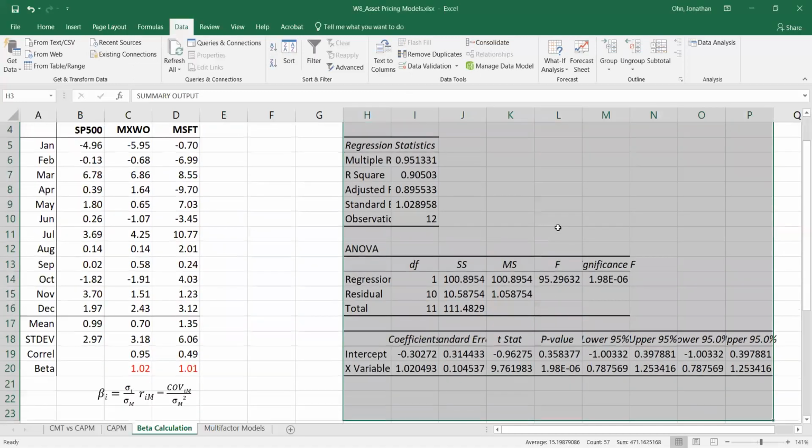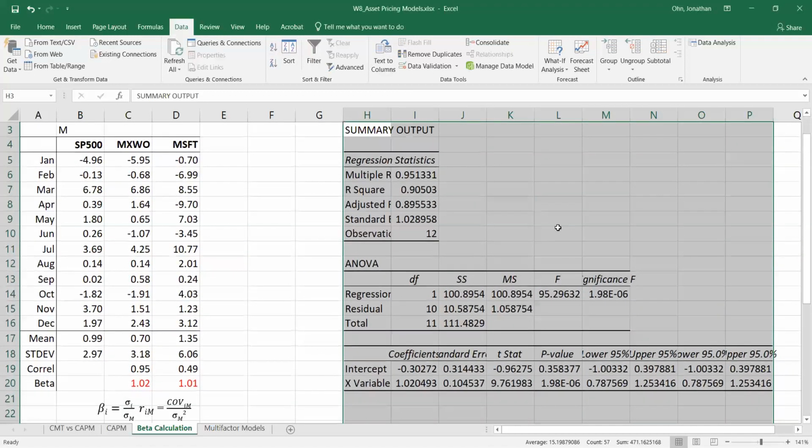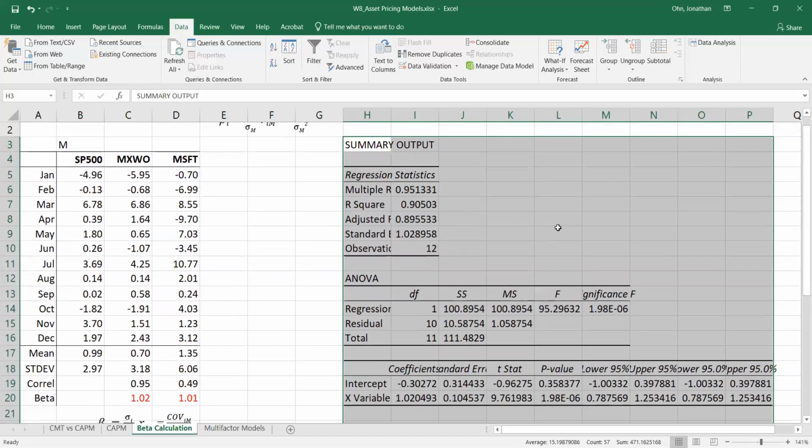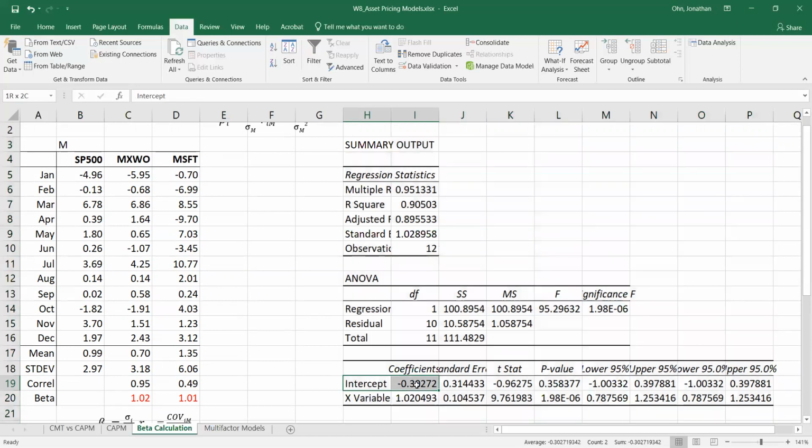Then you will get this regression analysis, assuming a linear relationship between the market and your stock. The linear regression equation is y equals a plus bx, in easy form.